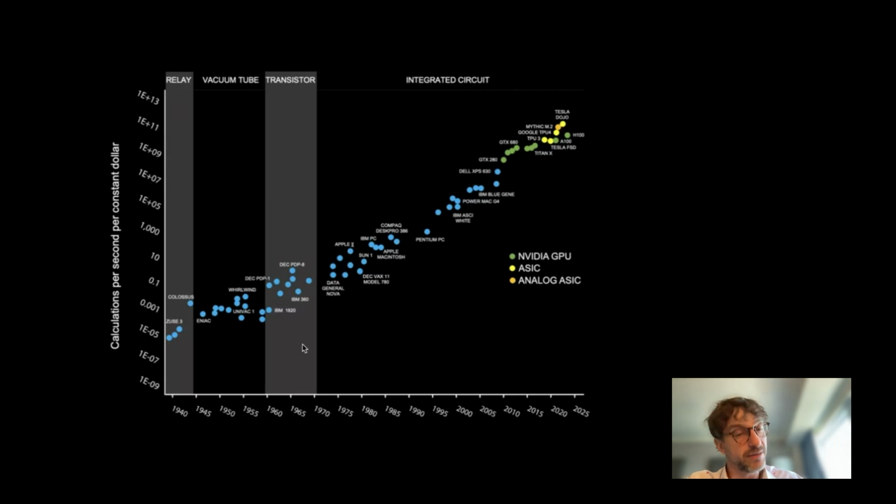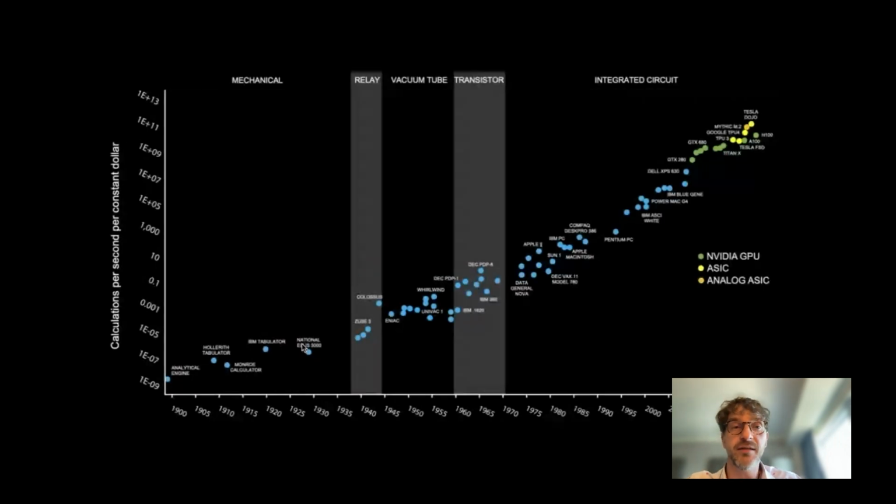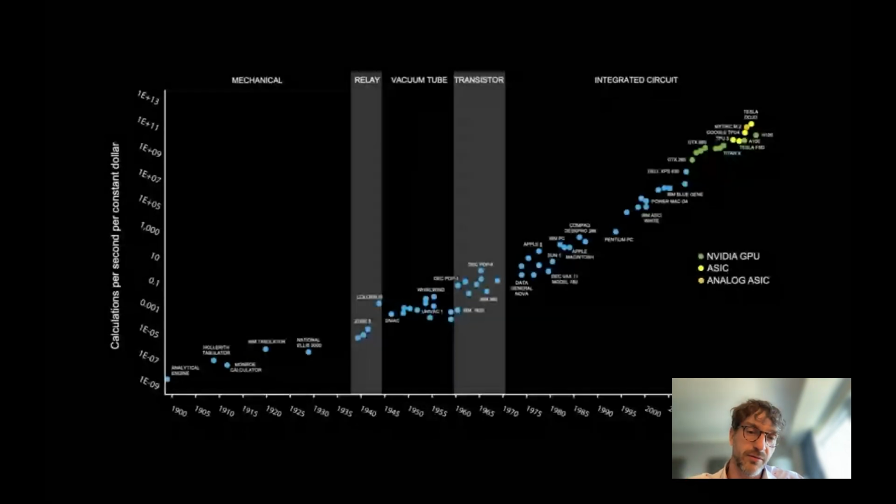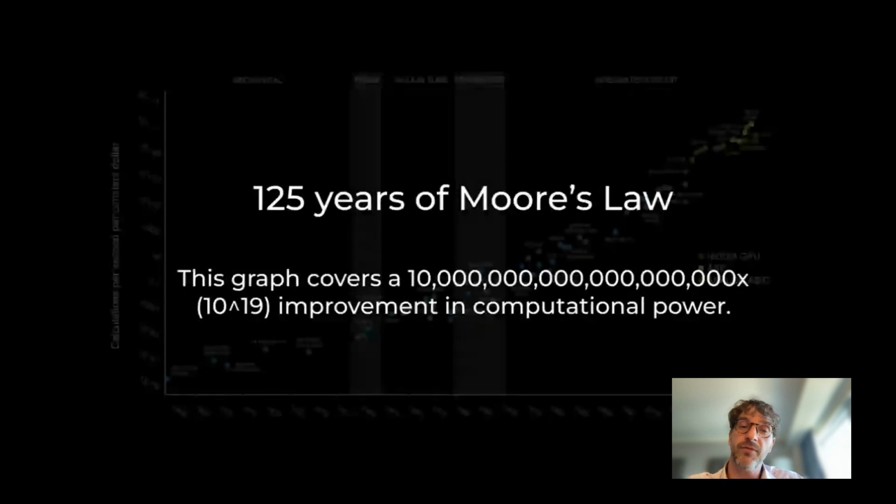What most people don't realize is that it has been around since 1900 with mechanical computers. I want you to just think about this for a second. Moore's Law has been around for 125 years, and it represents a 10 million trillion increase in our species' ability to compute over the last 125 years. Kind of crazy when you think about it.